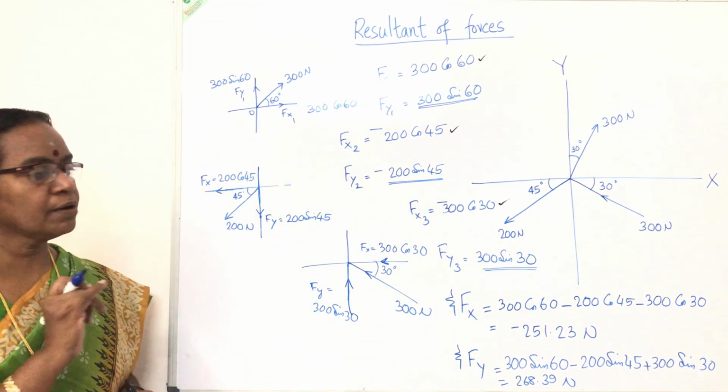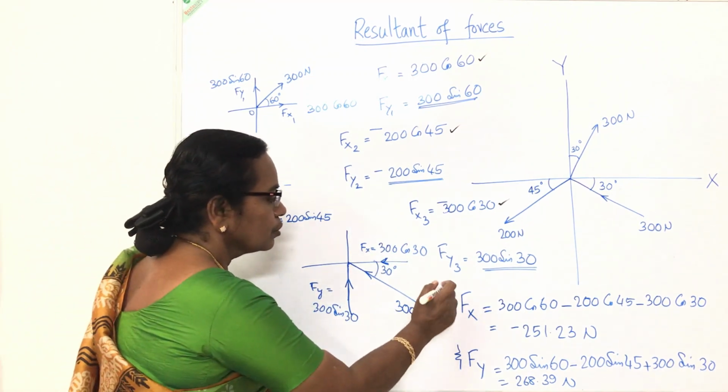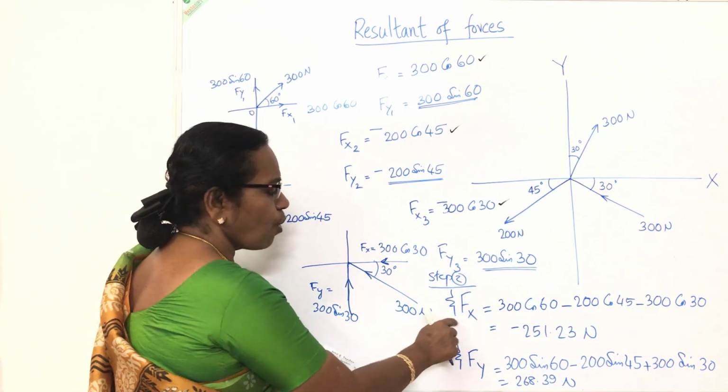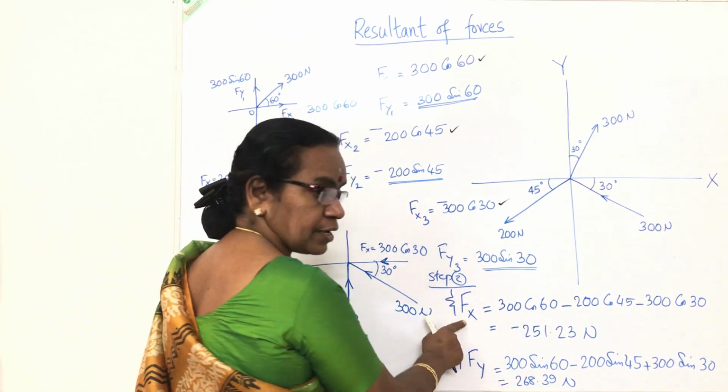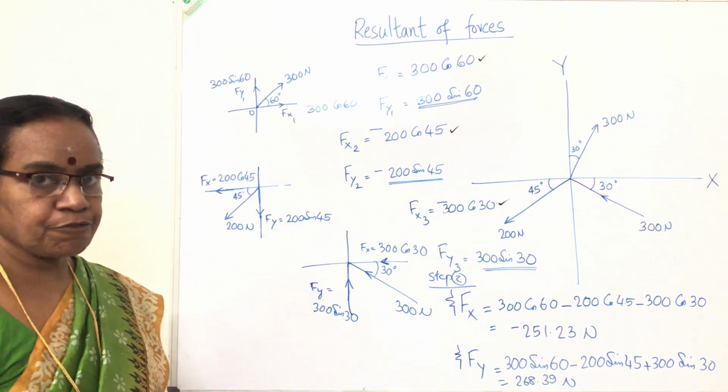So step 1, resolve the forces in x and y component, and step 2, sum of all the horizontal components sigma Fx, sum of all the vertical components sigma Fy.